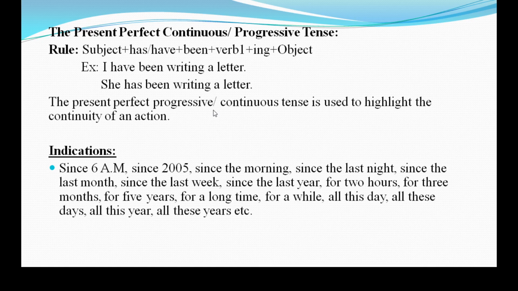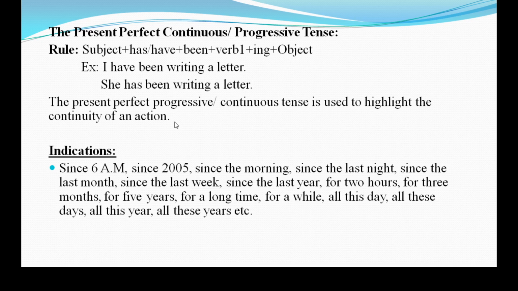The presence of the progressive form writing suggests action in progress, while the presence of the participle has been or have been suggests completed action. So the combination tells us: I have been writing a letter, or she has been writing a letter.